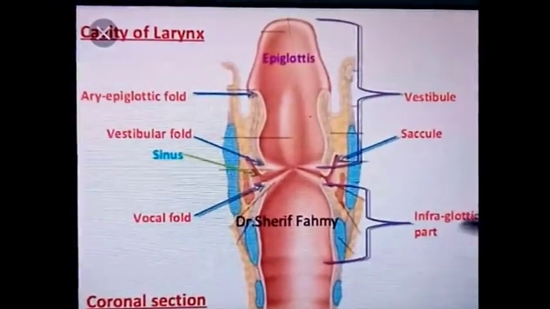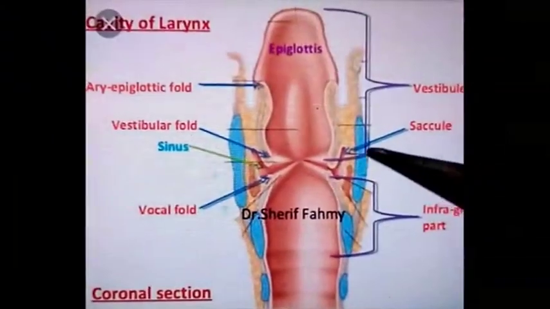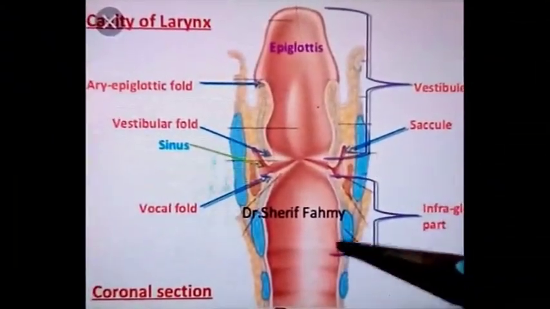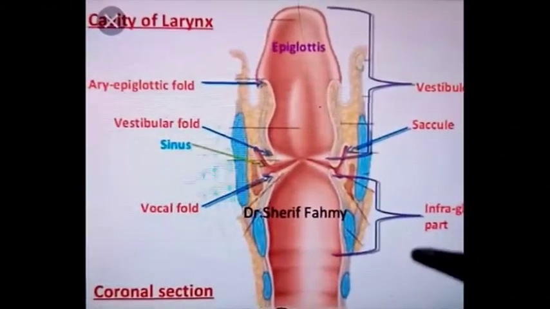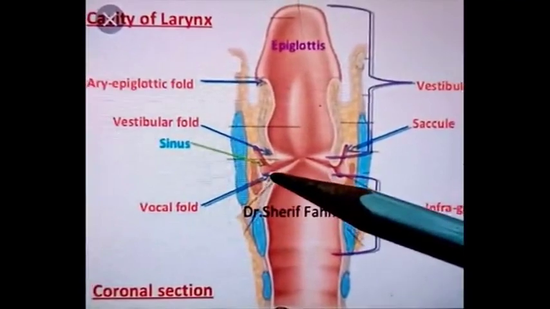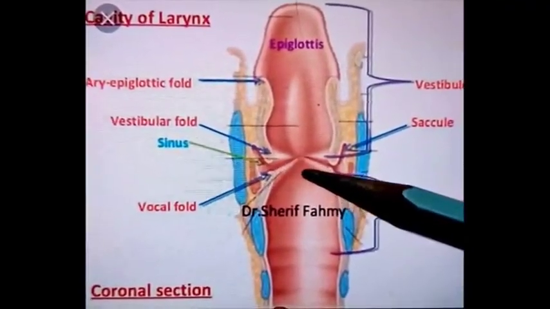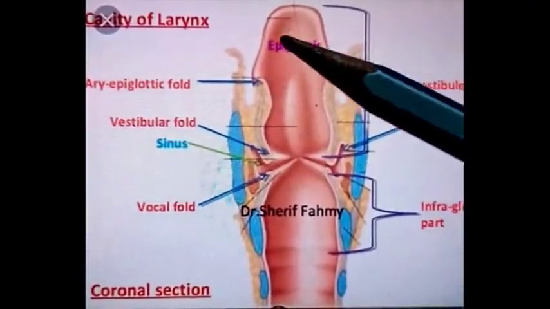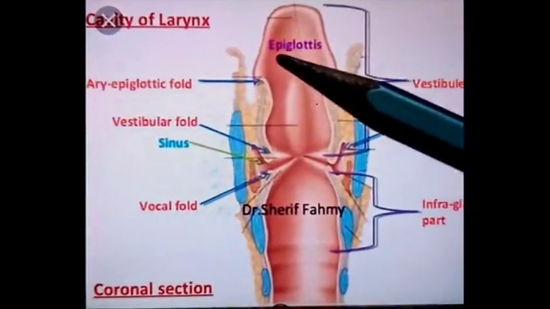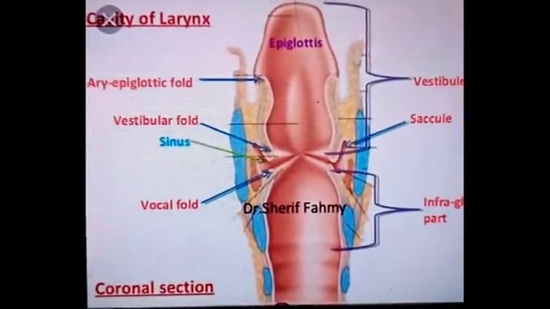Mucous membrane is loosely attached to the cartilages of the larynx, except over the vocal ligaments and over the posterior surface of the epiglottis, where it is thin and firmly adherent; to the rest of the cartilages it is loosely attached.